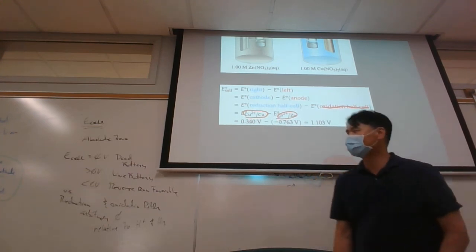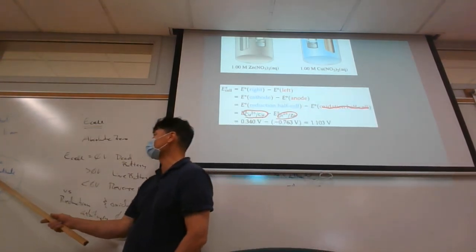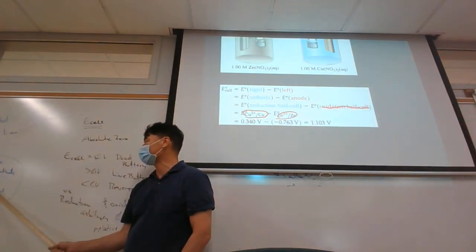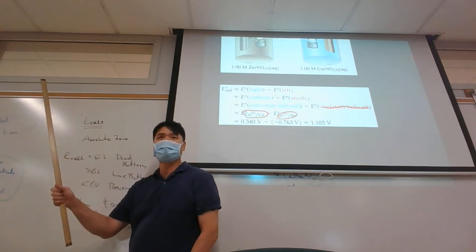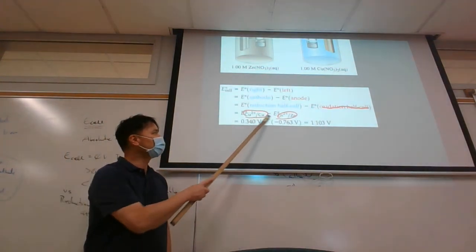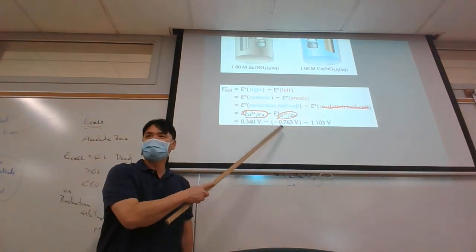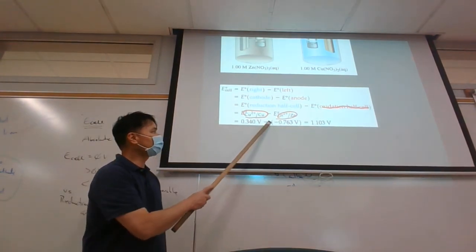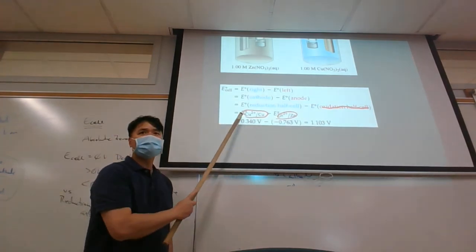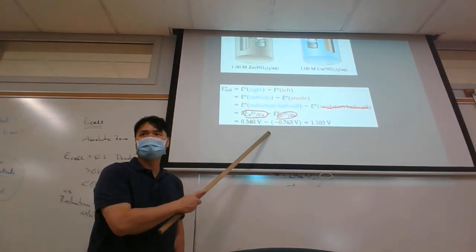What I like to do is I just like to add the correct potentials. So I'd like to add the oxidation potential plus the reduction potential, because the higher these potentials, the more driving force, right? But here, what they're doing is they're trying to combine the two reduction potentials, but they're reversing one. So if they reverse this reduction potential, they're making it into an oxidation potential.